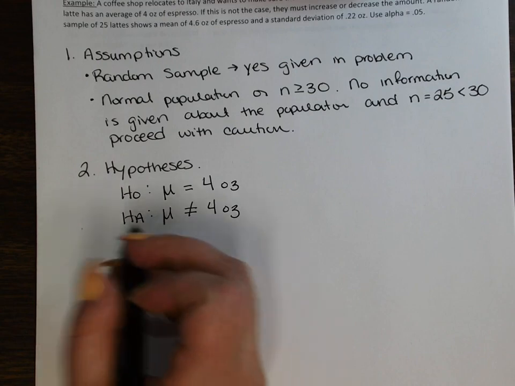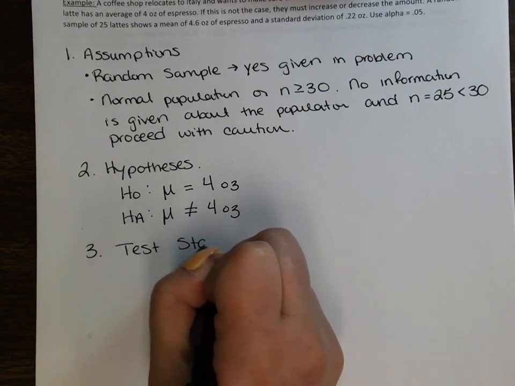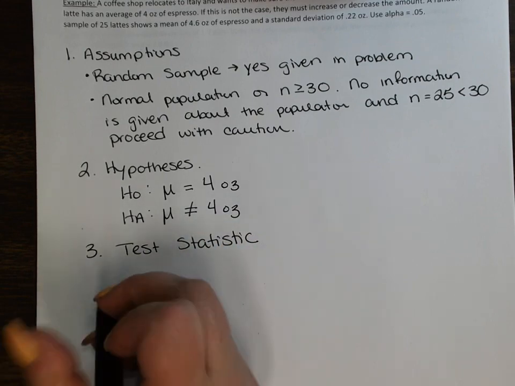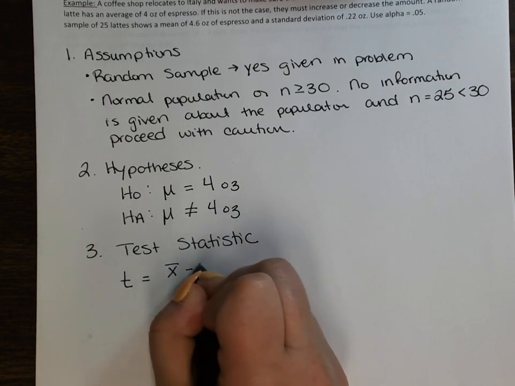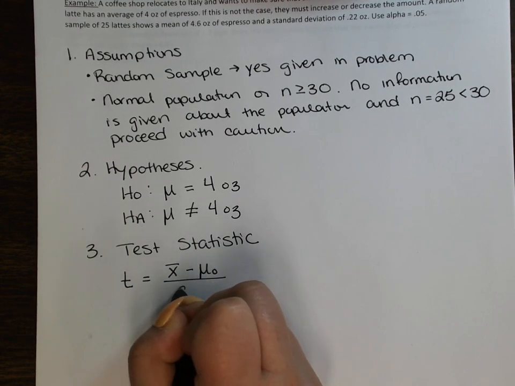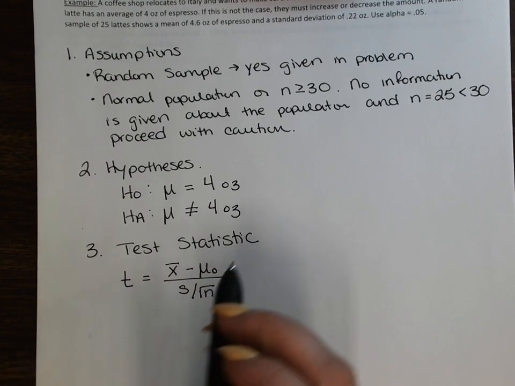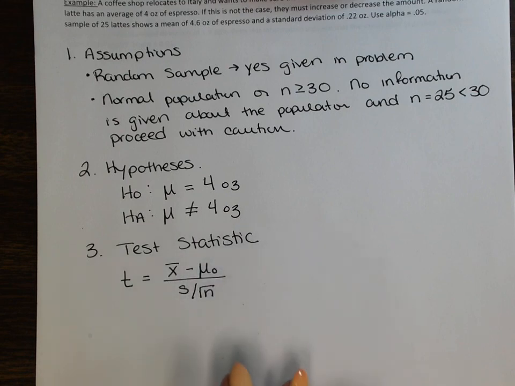Next, we need to calculate our test statistic. We're going to start by just writing down the formula. And again, this formula comes from the previous page. So now we need to go and identify each of the different pieces that we need.